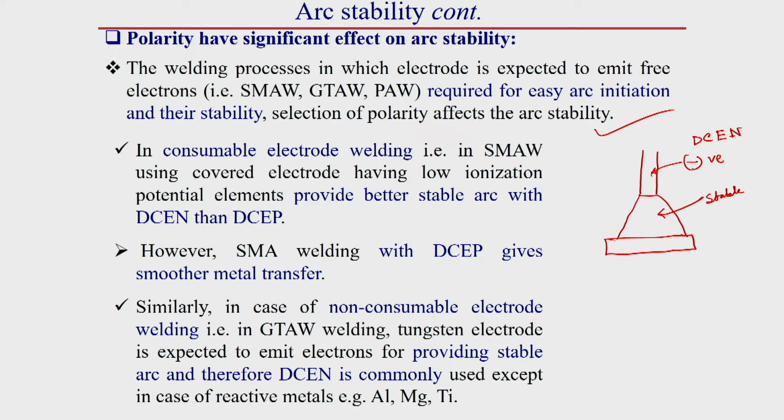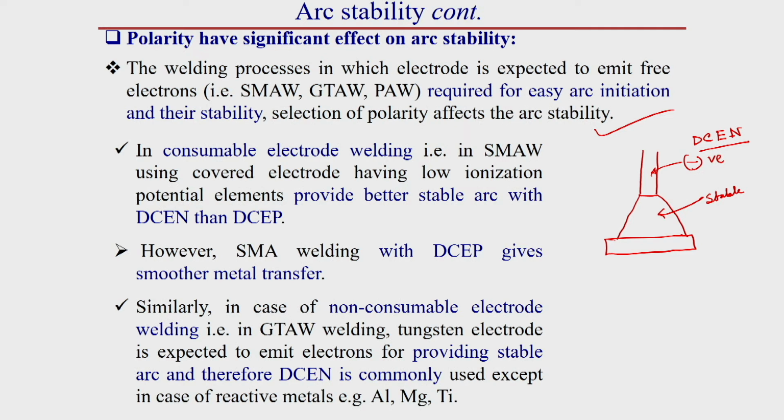Like in case of a consumable electrode, such as in SMAW, shielded manual metal arc welding, using a copper electrode, this copper element should have low ionization potential, and if it is connected with DCEN, then it provides a more stable arc than DCEP. But one thing we keep in mind: in case of a consumable electrode, the electrode is carrying current as well as transferring the molten material, that means drops of material from the electrode to the workpiece.